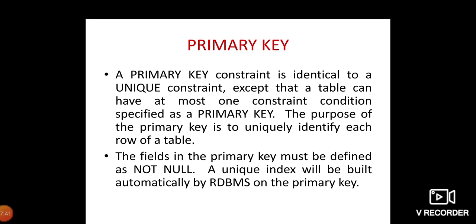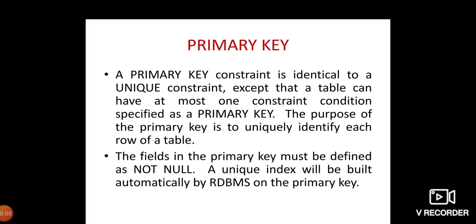Then the primary key is what we have learned in the table. Each and every value in that example was unique. A primary key is unique. Each and every value should be unique, and by using the primary key you can identify that particular record.